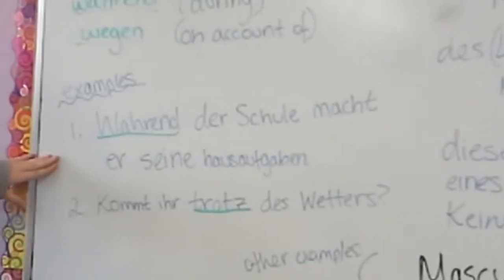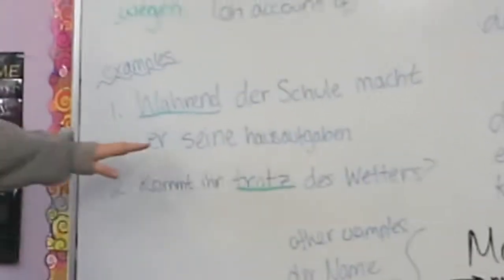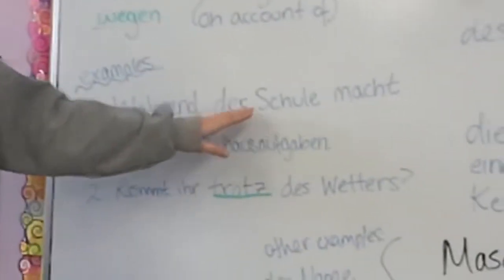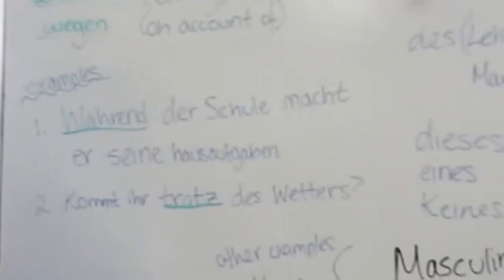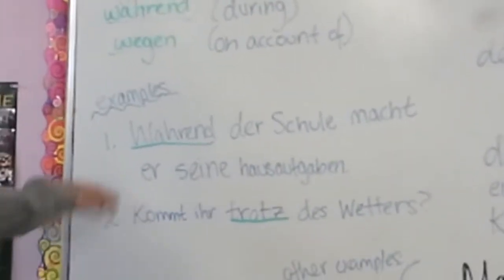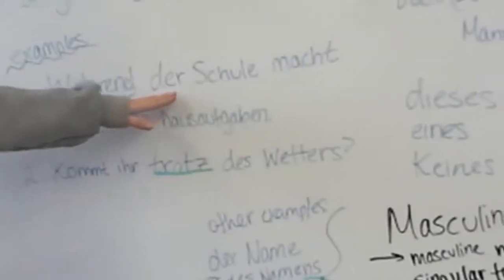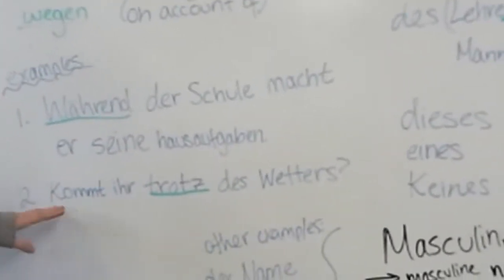Während der Schule macht er seine Hausaufgaben. During the school, he does his homework. And der Schule here is a form of genitive. This is not possession, but because of the während, we know to change the article to genitive form.